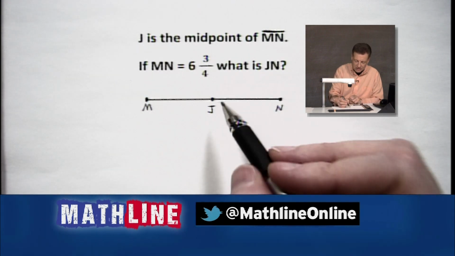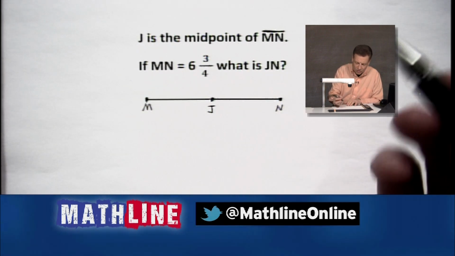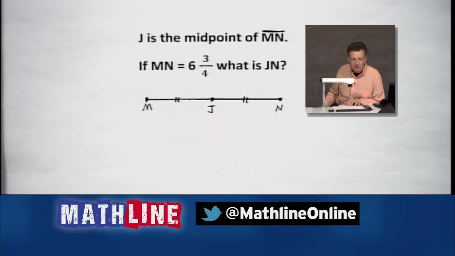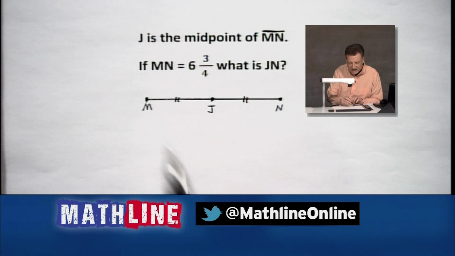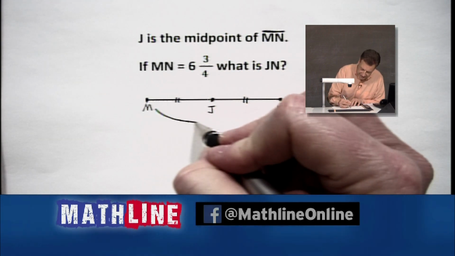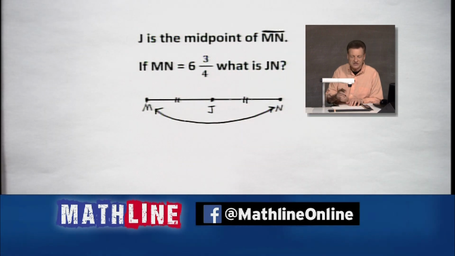There we have J in between M and N. And by the way, these two little pieces are what we call congruent. I'm going to bring a few more terms in as we go along here. That means their lengths are the same. Now, this time I pulled a switch on everybody. Everybody notice? This time I decided we're going to let the big segment have the measure of 6 3/4.